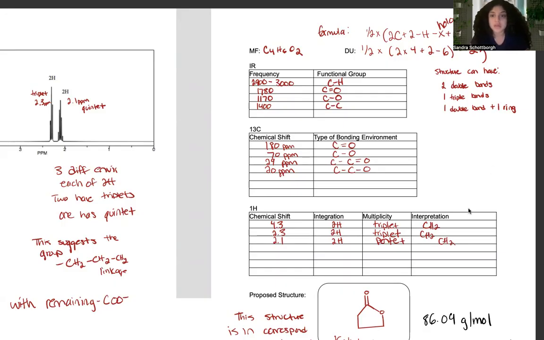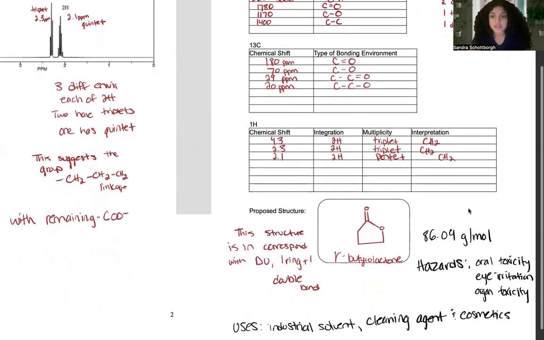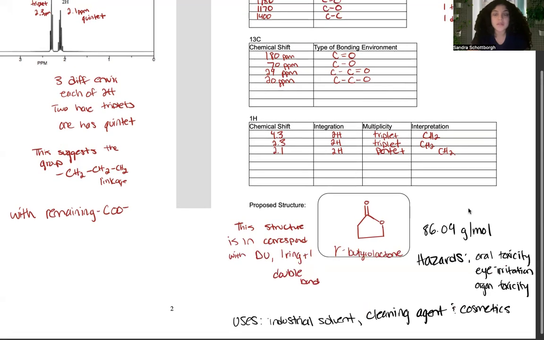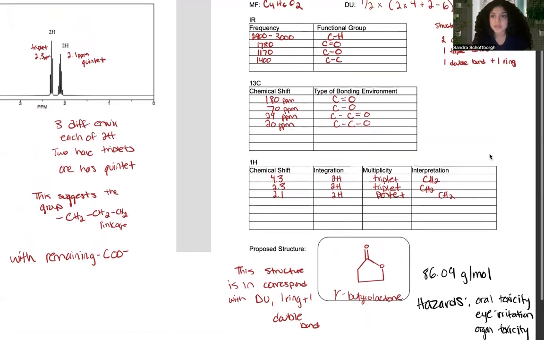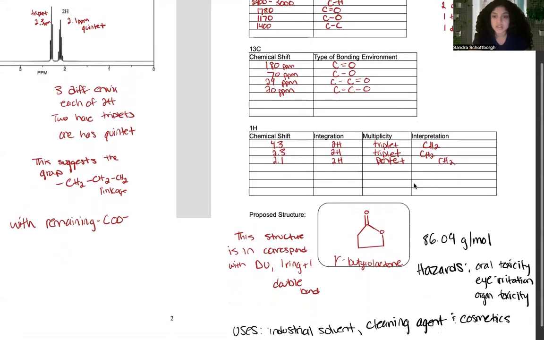So if we go down to our proposed structure, based on all of the information that we looked at from all of the tables and the graphs, the final structure is gamma butyrolactone. And we can see here that there is a double bond and 1 ring, as we suspected earlier when we calculated the degrees of unsaturation.